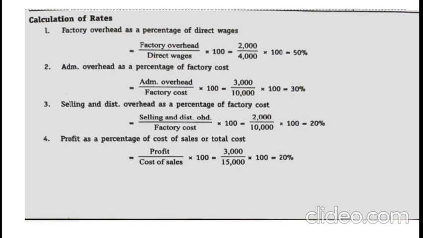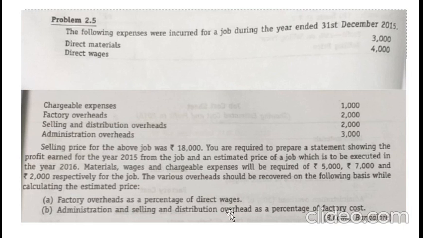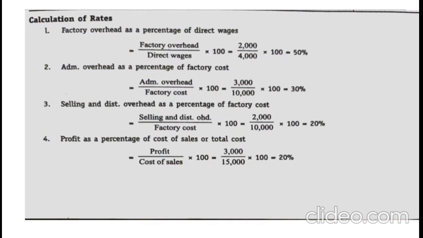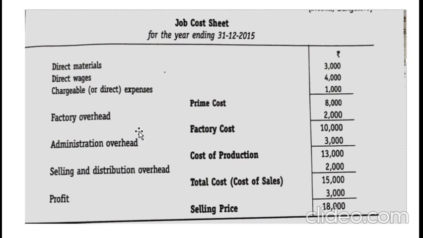Next, they have also told in the question your selling and distribution overhead will also be a percentage of your factory cost. So your selling and distribution expenses as a percentage of factory cost, the formula will be selling and distribution overhead divided by factory cost into 100. Selling and distribution overhead is 2000.